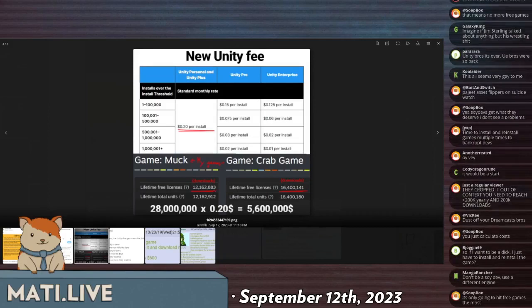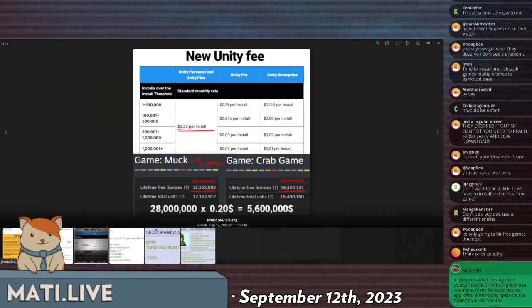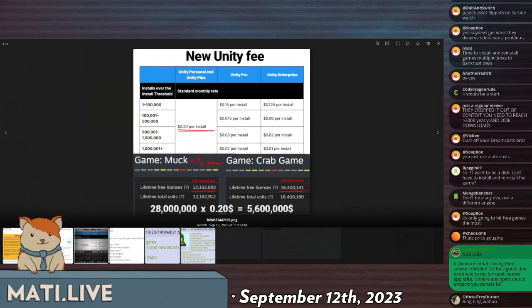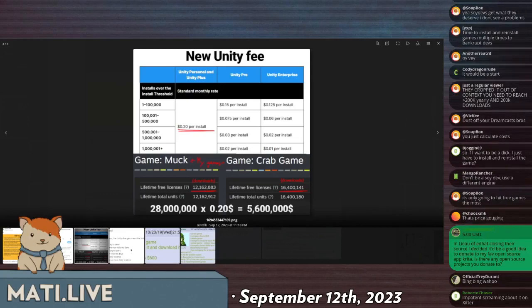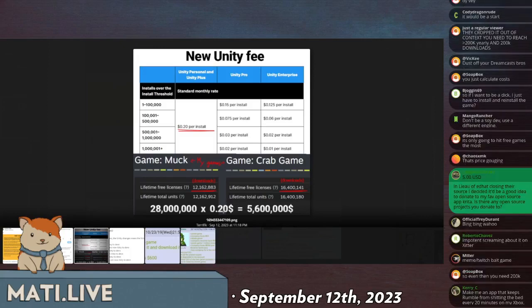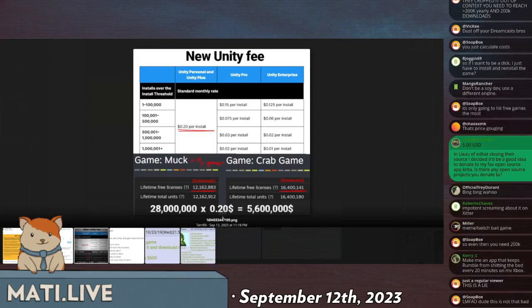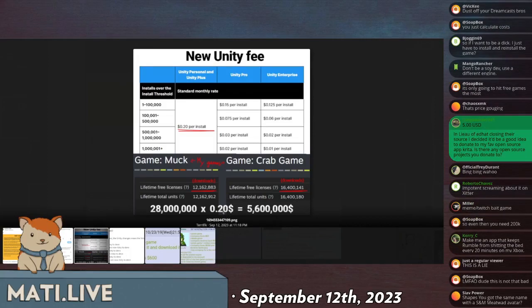So he breaks down the numbers and says that for his game, he would owe Unity $5.6 million for using their engine to make what I assume is a free or very cheap game. Probably a game, it would be safe to say, that has not seen $5.6 million through its lifetime.